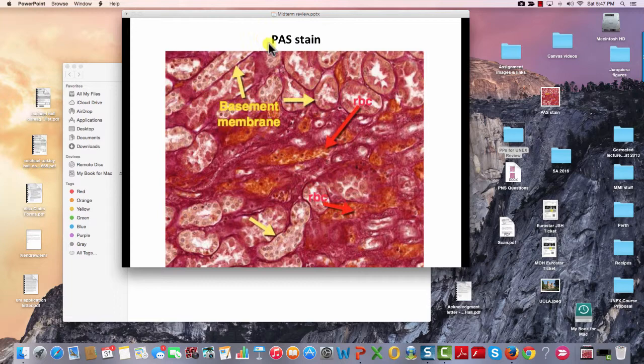Here is the periodic acid Schiff stain, which stains sugar-rich substances such as basement membrane, glycogen or mucus secreting cells.